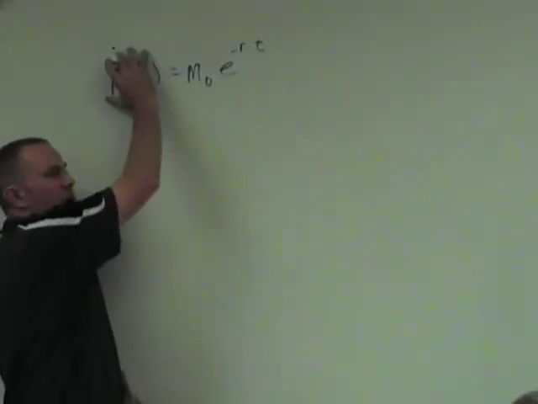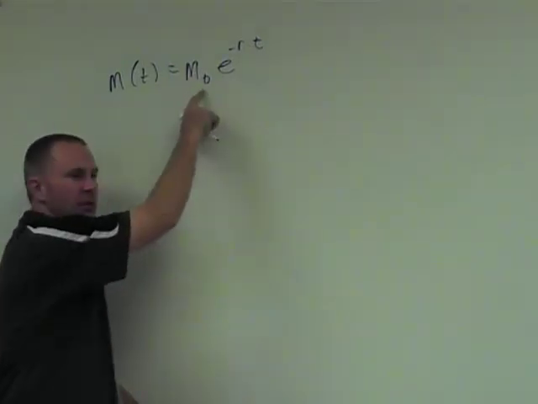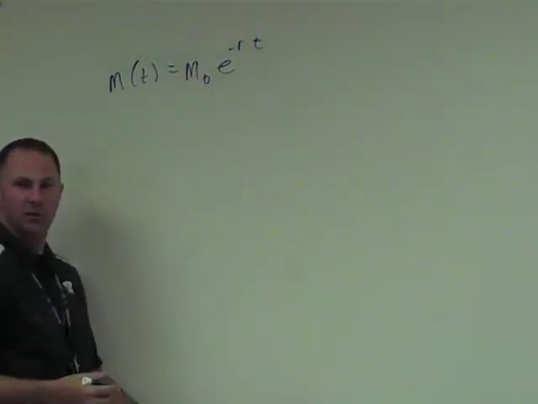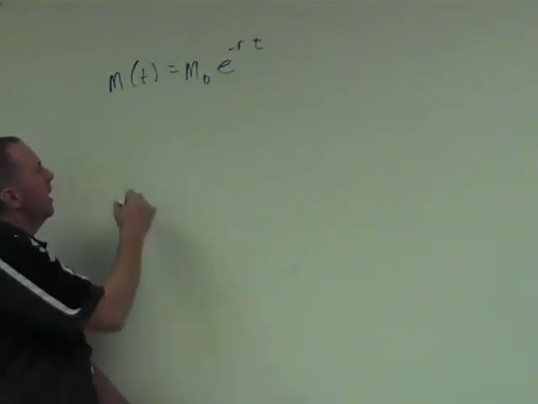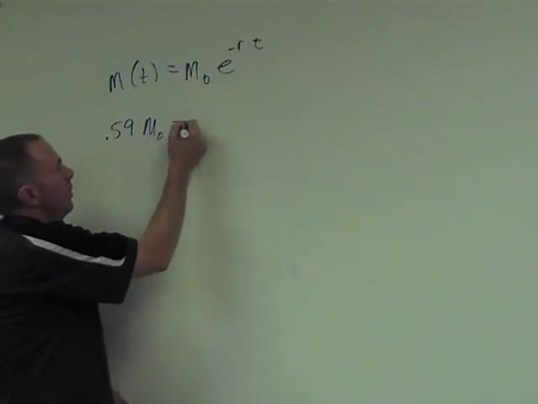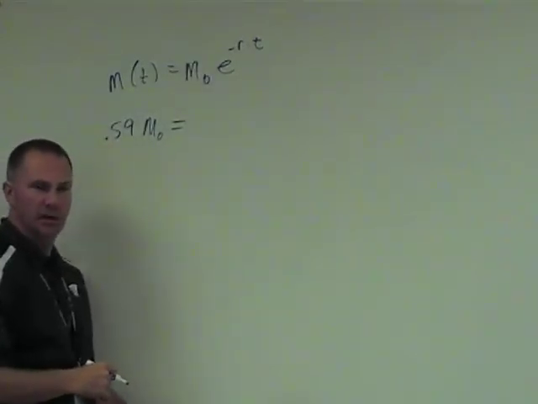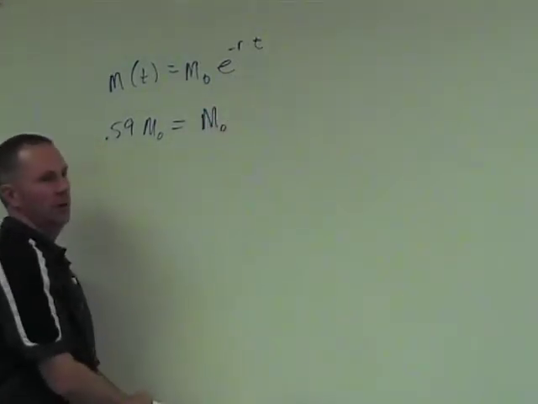So this is the current amount, the total amount of what I have. I don't know the original amount when it started before it started to decay. So we're working this problem backwards. I do know that I had 59% of the original or the initial amount. I don't know the initial amount.